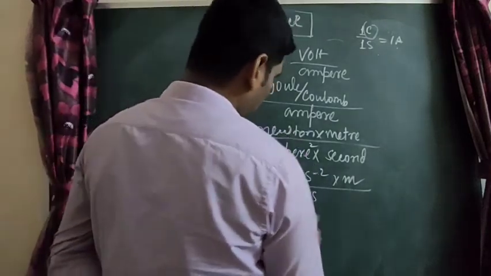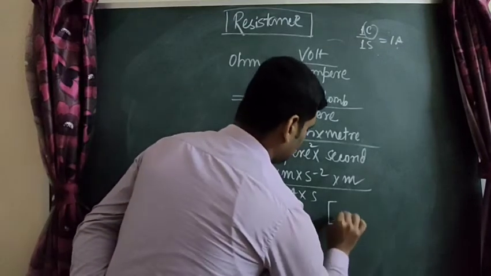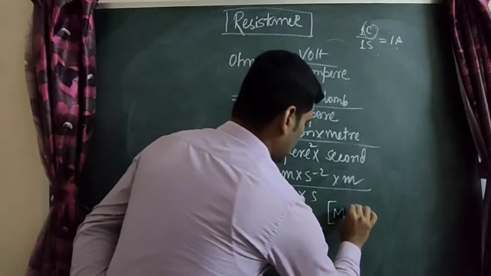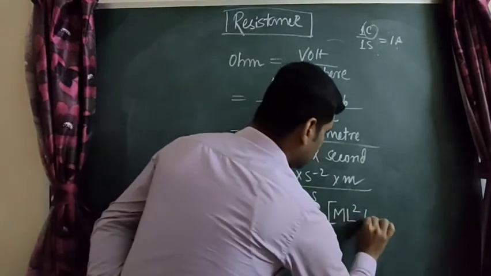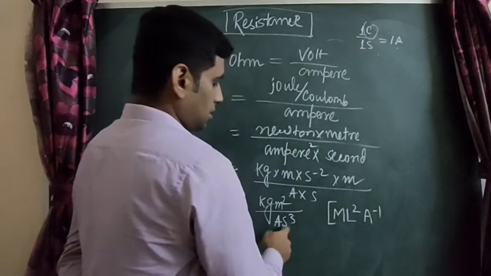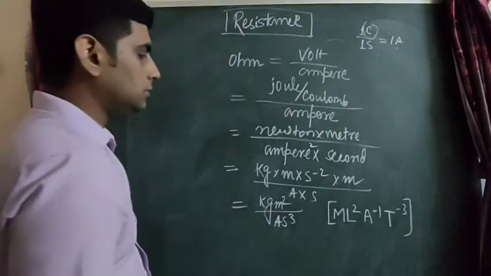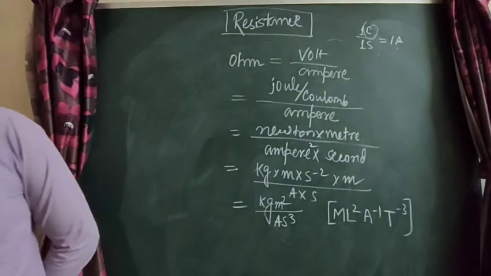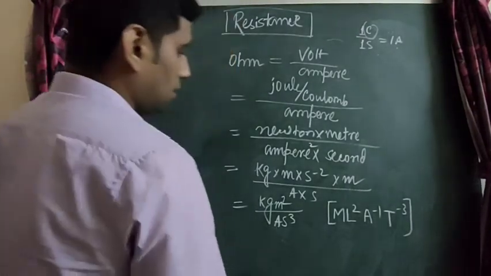So the dimension from here I can write. Kg denotes mass, so M, meter means length, L square, current remains same, A is the dimension, so A to the power minus 2, and second, time, it is T to the power minus 3. This is the dimension of resistance. I hope it is clear to you. Okay.